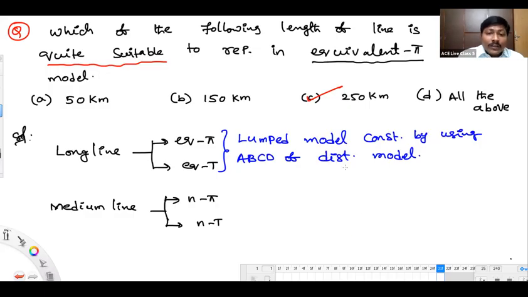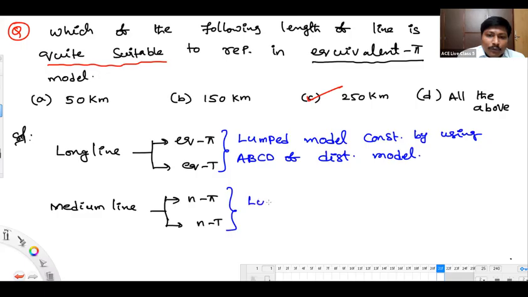Next, how do you construct nominal T and nominal pi? These are also lumped models only. You construct them by the direct placement of RLC in the circuit. For the transmission line, we calculate the RLC parameters and place them in the circuit. That's it.